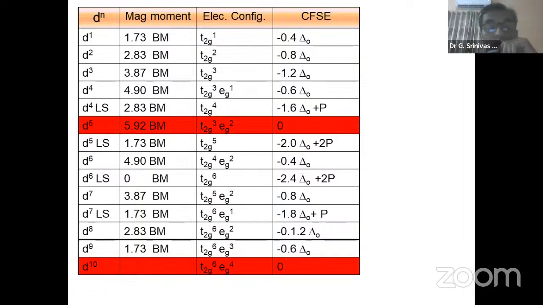And for the d6, it is 2.4 delta O. So in case of d6, the complexes are very stable. Their energy is lowered by 2.4 delta O plus 2P. That means the crystal field stabilization energy is very high. That's why d6 low spin complexes are more stable than any other.